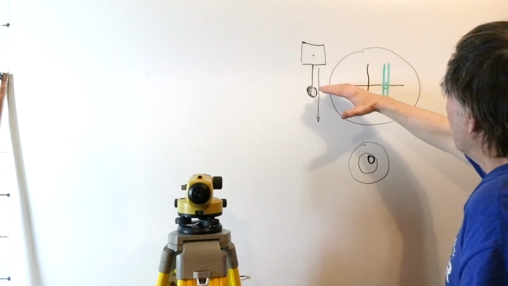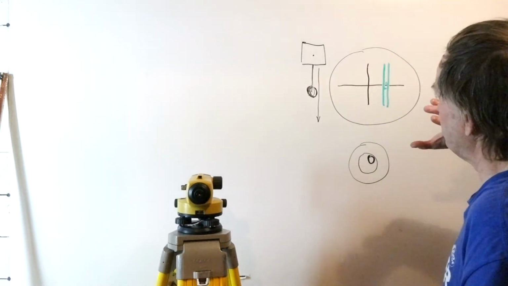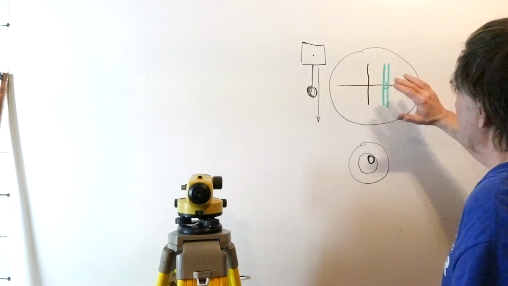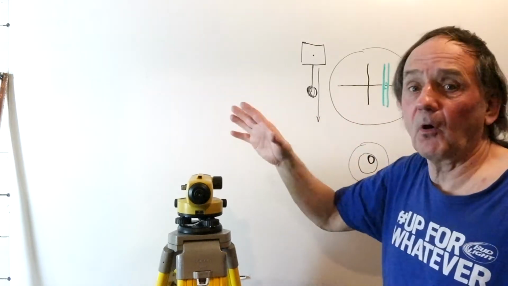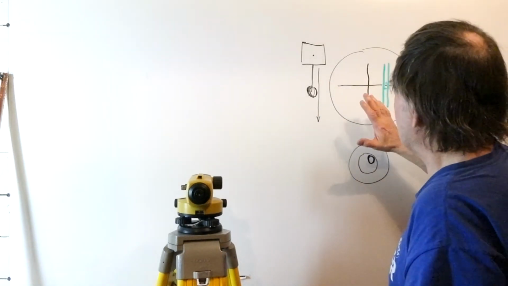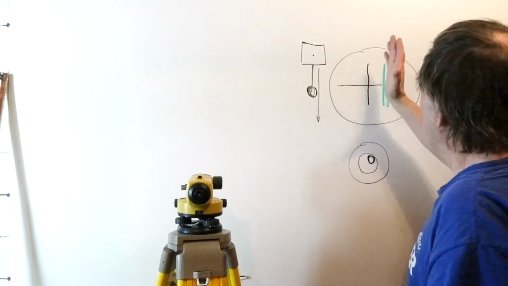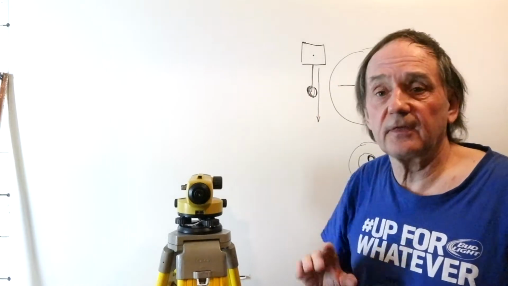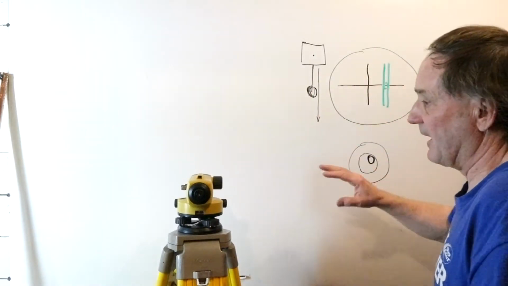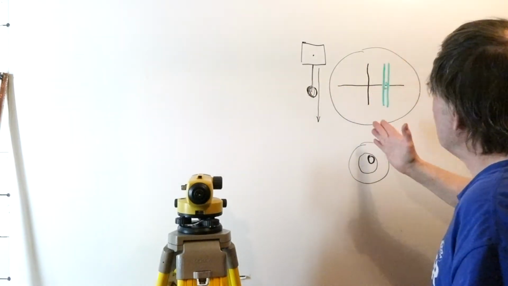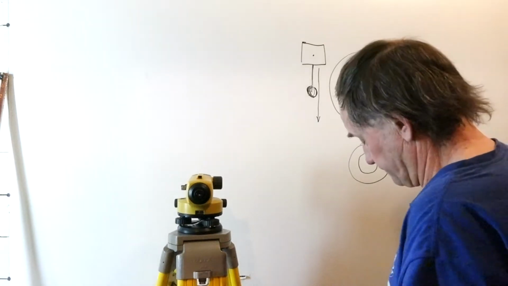You can make the vertical crosshair fade away, or the horizontal crosshair fade away, or them both fade away so there's nothing in the eyepiece, or you can adjust them so that they both have equal darkness and contrast within the eyepiece. So you have a little bit of control on your crosshairs also.